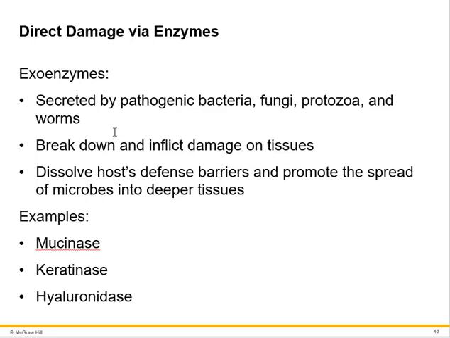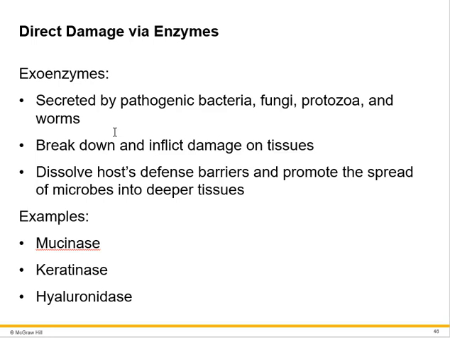Some examples: mucinase is going to break down mucus. Keratinase is going to break down keratin. And hyaluronidase breaks down hyaluronic acid, which is a connective tissue. It's considered the glue between cells.